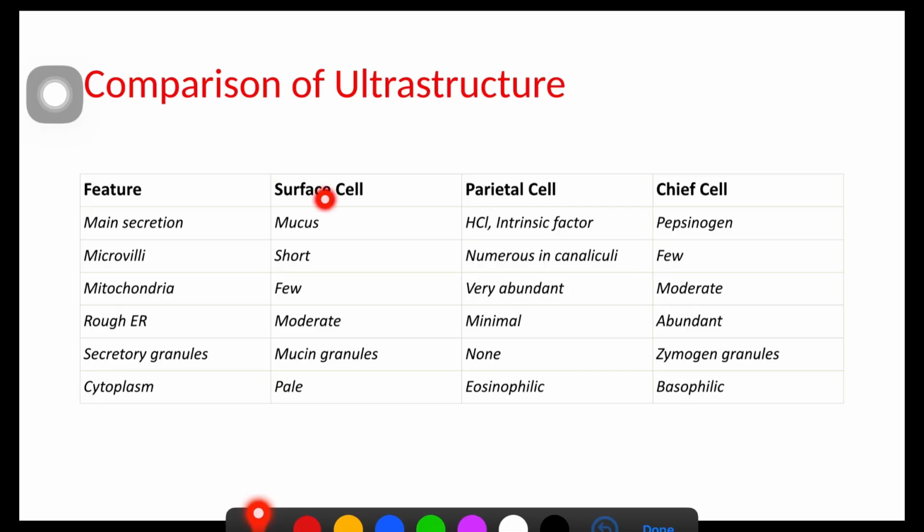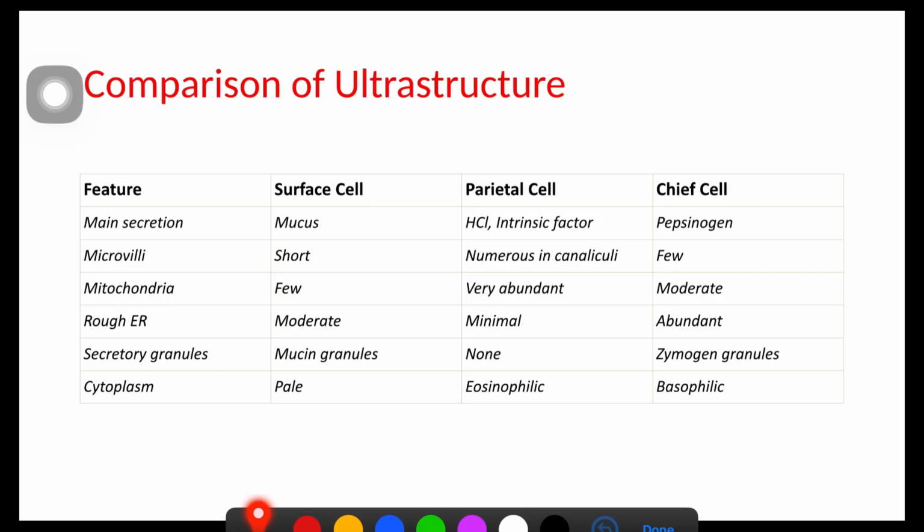So surface cells, parietal cells and chief cells. The main secretion in the surface cell is mucus, having short microvilli, few mitochondria, moderate endoplasmic reticulum, mucin granules and pale cytoplasm. Whereas the parietal cell secretes HCl and intrinsic factor, with numerous microvilli, very abundant mitochondria and eosinophilic cytoplasm.